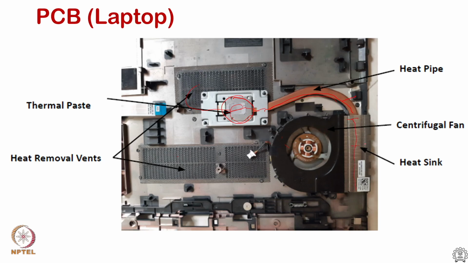These are the fins that are the heat sink, and air is blown across this, and this vent is the exhaust vent that, if you put your hand, usually you will feel. And this vent is again used to cool the solid state devices, the memory and so on. So, now you can see that there is no geometric similarity, there is no uniformity in where the heat sources are placed and so on.